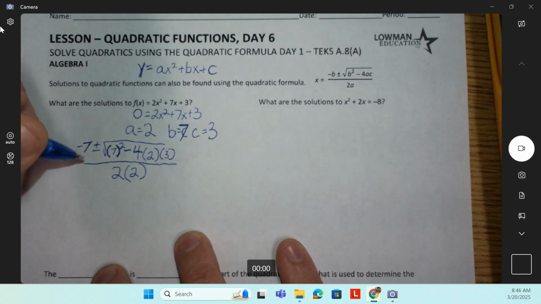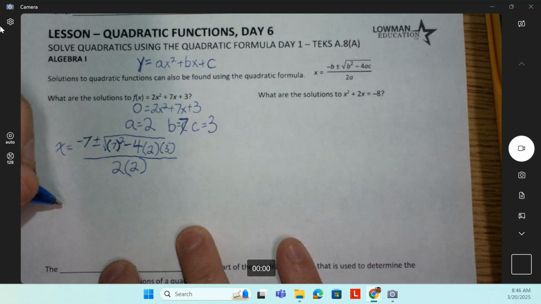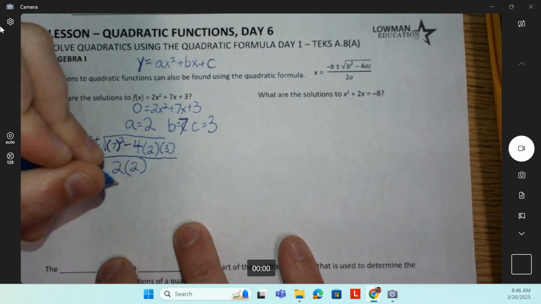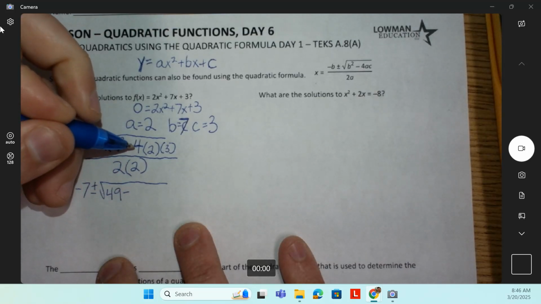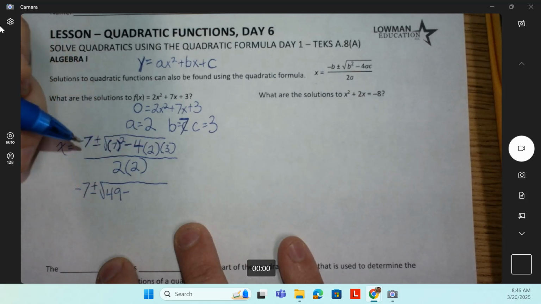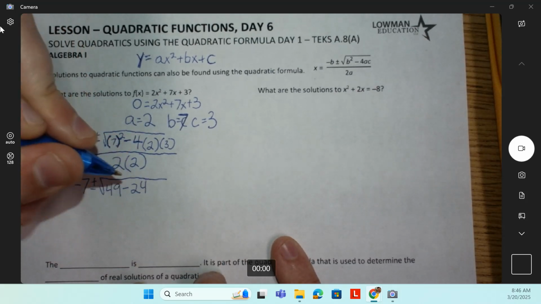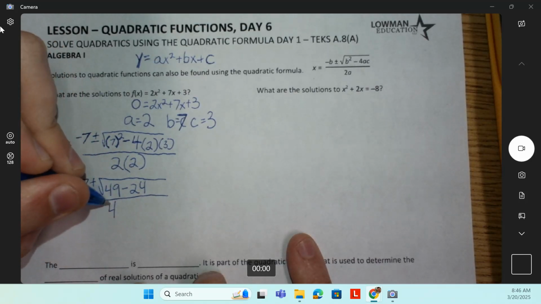First off, I know I can do 7 squared to get 49. So -7 plus or minus the square root of 49 minus 4 times 2 times 3. So 8 times 3 or 4 times 6, either works. It ends up with 24. And all of that is over 4.